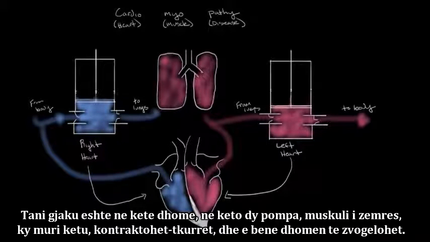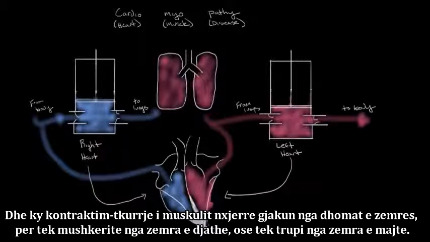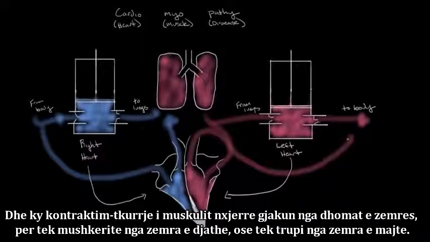Now that the blood is in these 2 pumps, the heart muscle, this wall here, contracts, and it makes that chamber a lot smaller. This contraction force of the muscles expels the blood in the heart chambers to either the lungs from the right heart or to the body from the left heart.